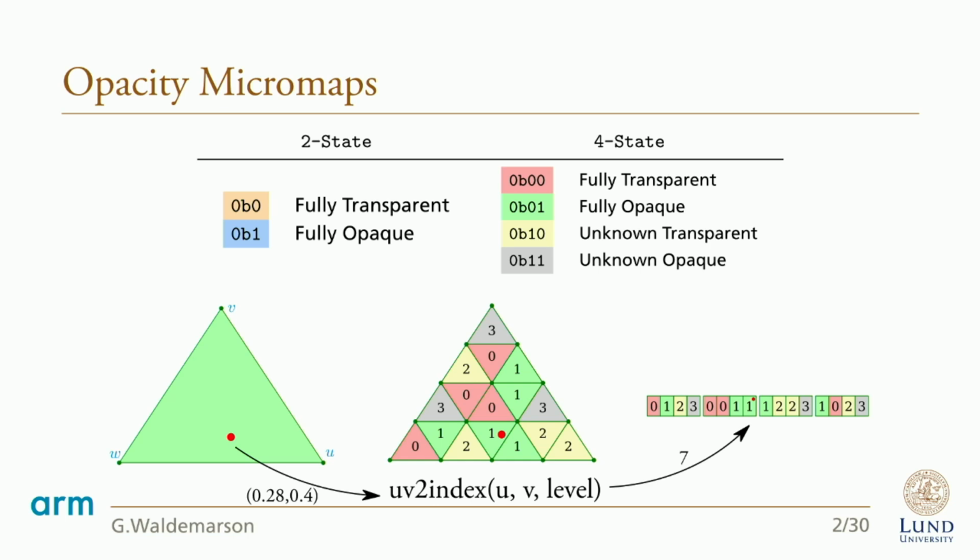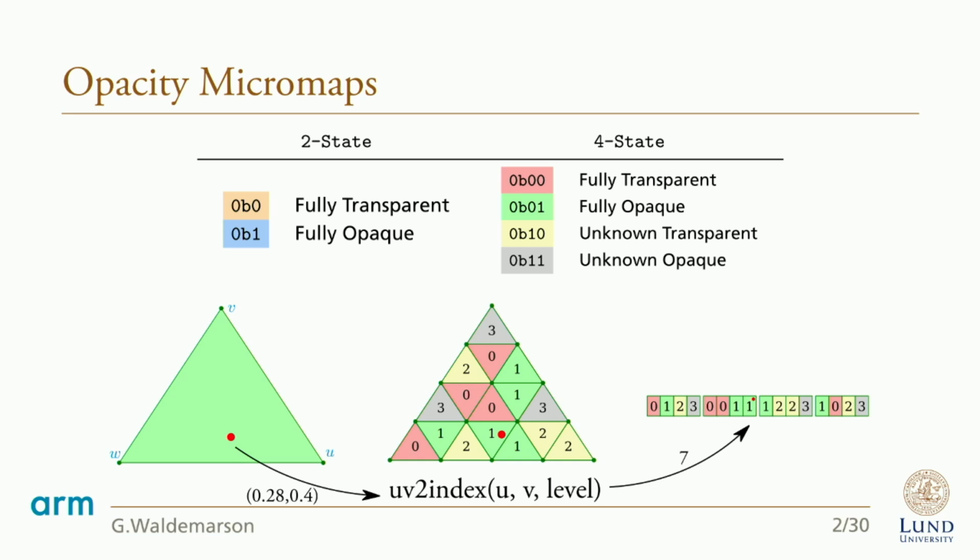And semantically, the values it contains are mostly self-explanatory. Fully transparent or fully opaque means that that particular sub-triangle face is either completely opaque or transparent in a ray tracing context, whereas unknown values mean that we should use some other method to perform the actual opacity testing.